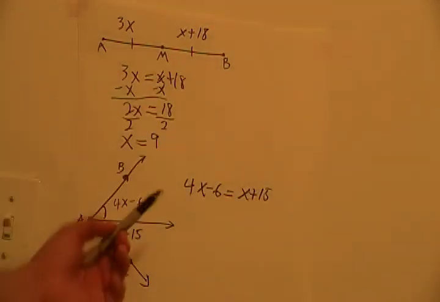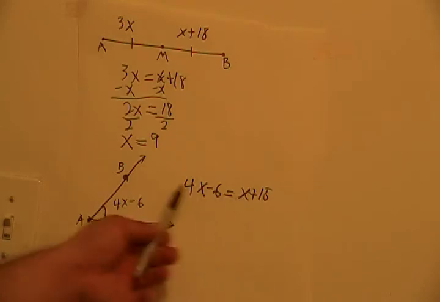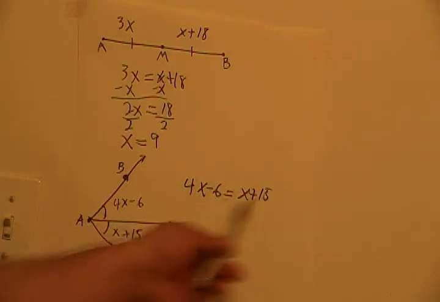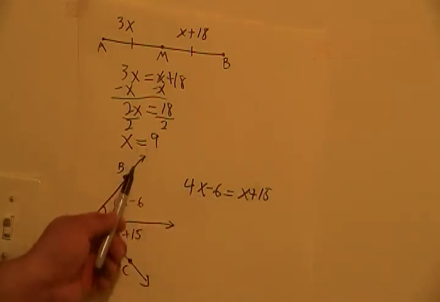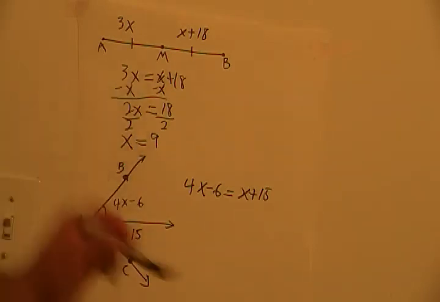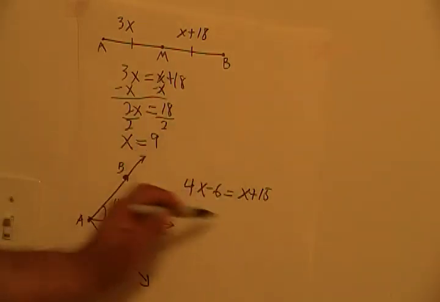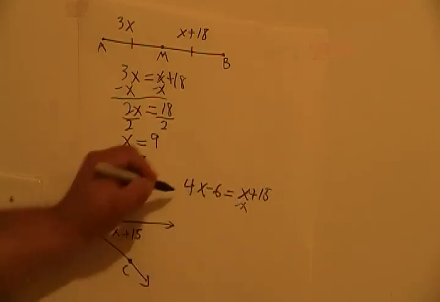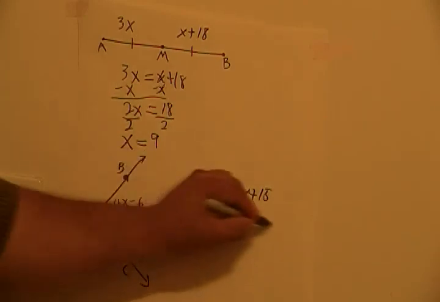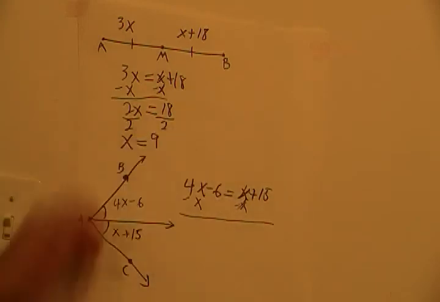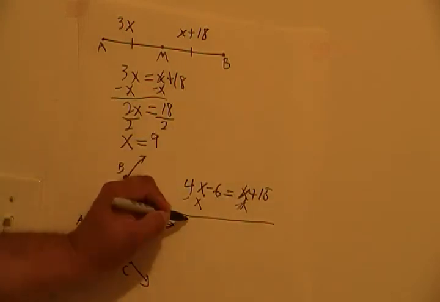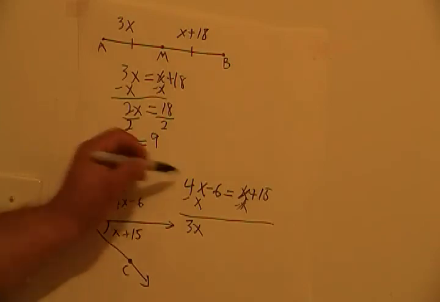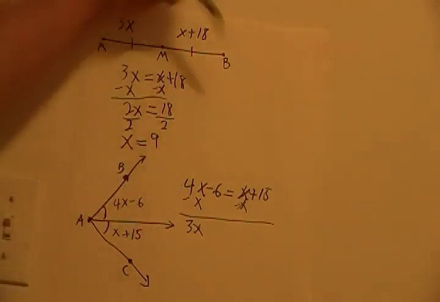Now both sides have a variable and a number, so this is what we call a two-step equation. Let's start with the x. Let's bring the x's to the left-hand side, so we subtract x from both sides. The x's cancel. 4x minus x is 3x, since it's 4 minus 1.